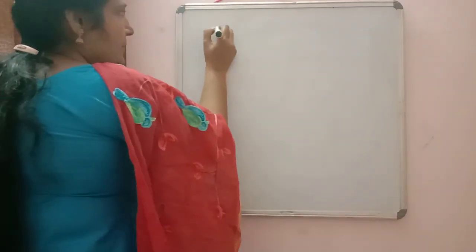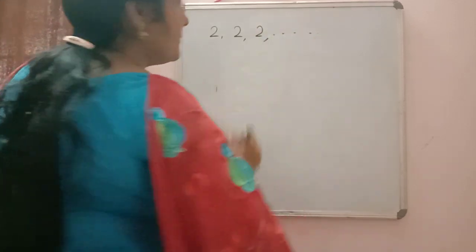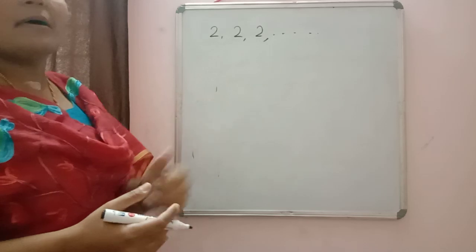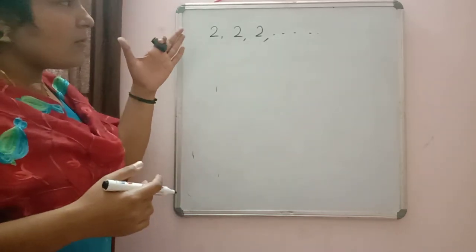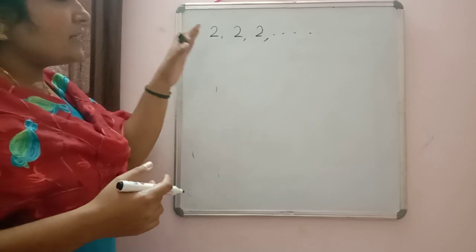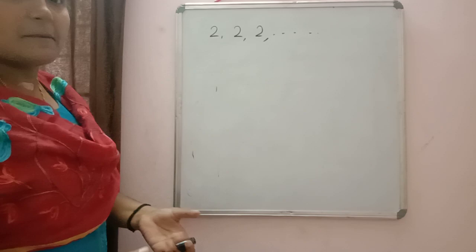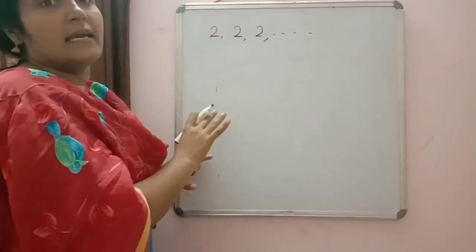In the first example we wrote the numbers 2, 2, 2 and so on, and by observing this pattern you said the next number will also be 2. What is the property which you checked here? Which number am I adding or subtracting here? I am adding nothing here.